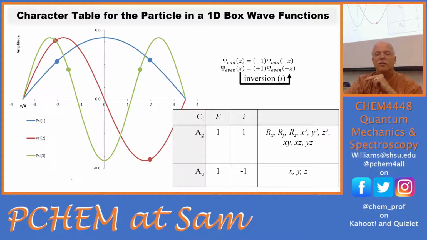And there is a character table for that. It's the Ci character table. So our particle in a box would have the symmetry Ci. And the little lowercase i indicates inversion. So these are the two symmetry elements, E and i, for our molecule. And this will allow us to label our wave functions and our energies with these Mulliken notations.